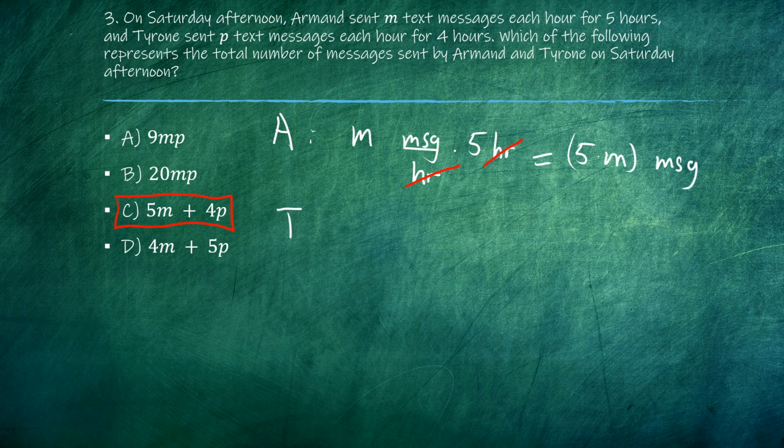And as for Tyrone, he sent p messages per hour for 4 hours. So he sent 4 times p messages. And to know their sum is basically the sum of 5m plus 4p.